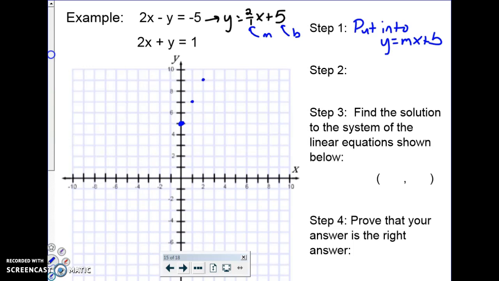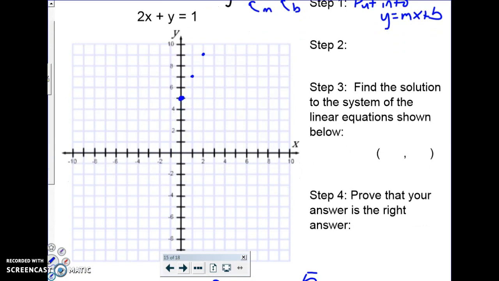And again, I don't know where my intersection lies, so I'm going to start going backwards. So down 2 backwards 1, all the way until I can't go anymore. Then I'm going to take my ruler and make a very straight line to help me get a good answer later.